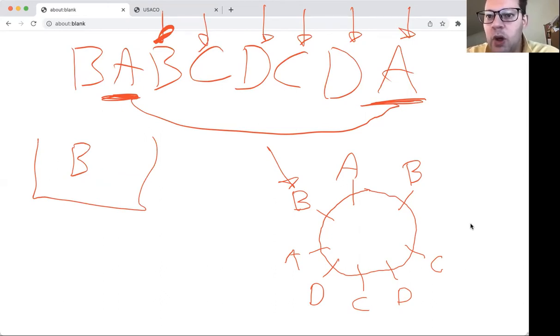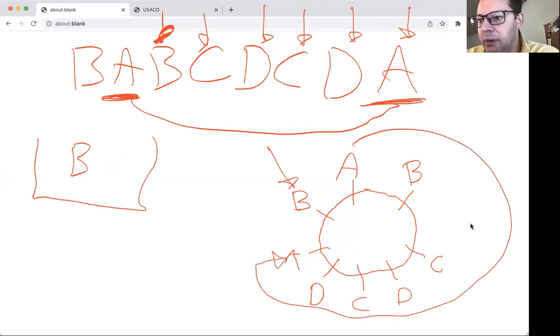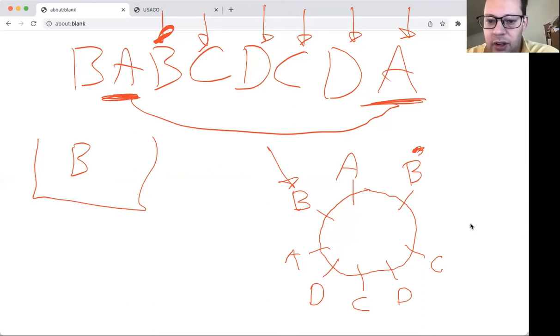And in this case, even though I went from right to left, from this A all the way around to this A, this B right here can't get out either way, because it's going to have to cross over there. I'm doing it on the outside. I guess I should do it on the inside. No matter how I do this, A goes all the way around.